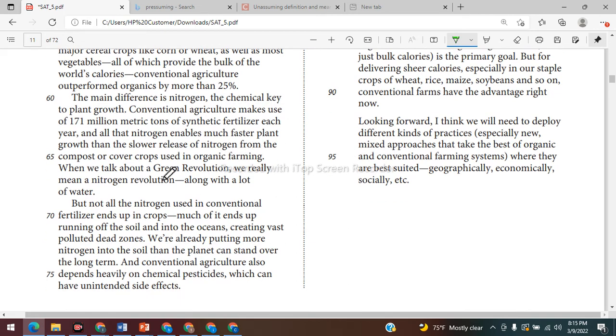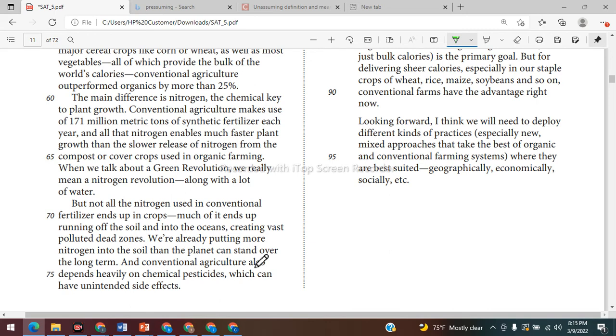Now, when we talk about a green revolution, we really mean a nitrogen revolution, along with a lot of water. But not all the nitrogen used in conventional fertilizers ends up in crops. Much of it ends up running off the soil and into the oceans, creating vast polluted dead zones. We're already putting more nitrogen into the soil than the planet can stand over the long term.